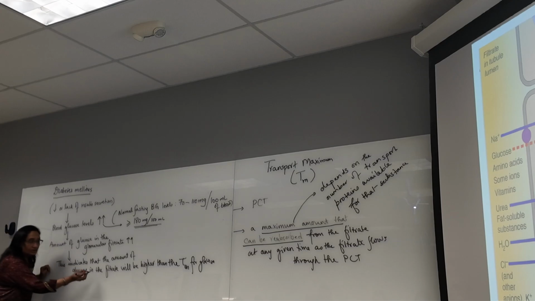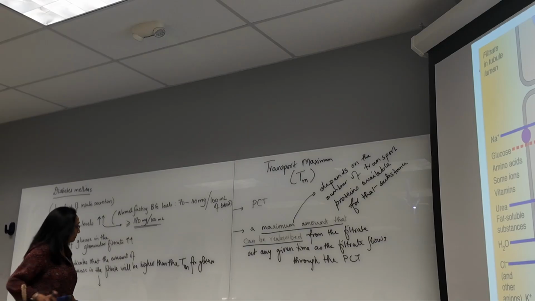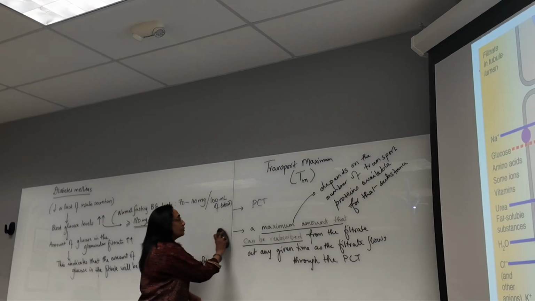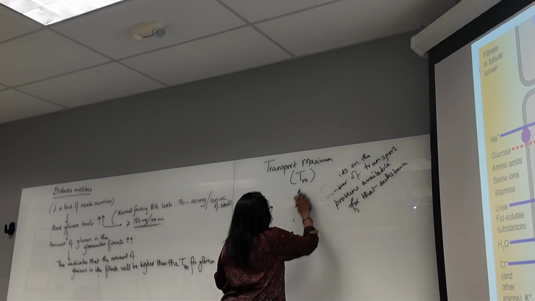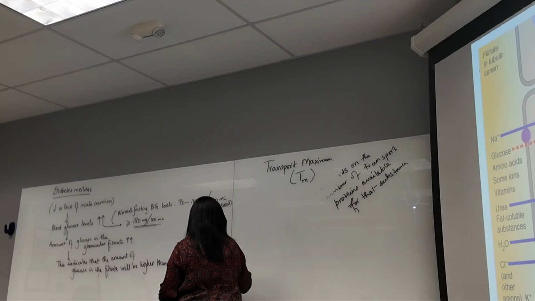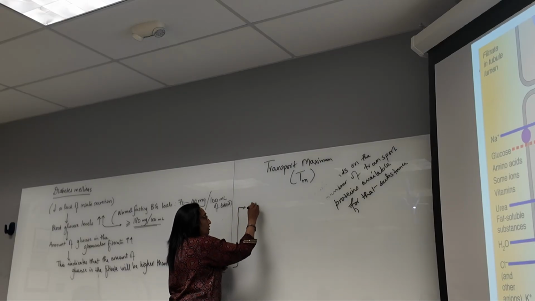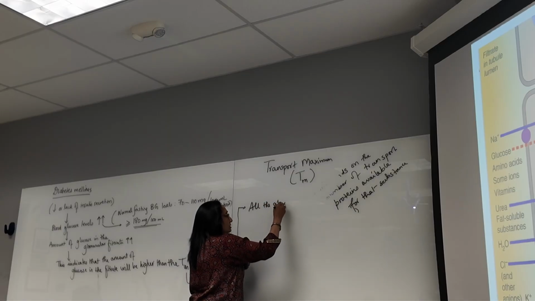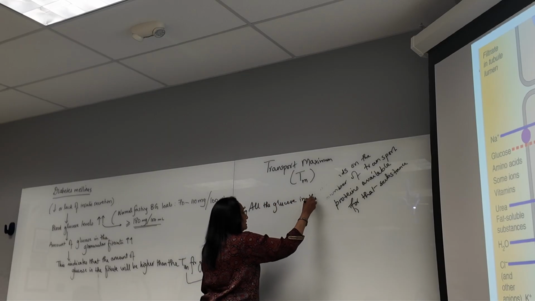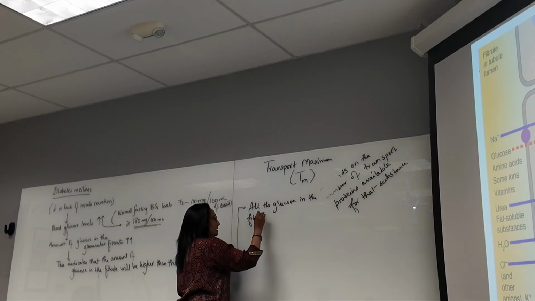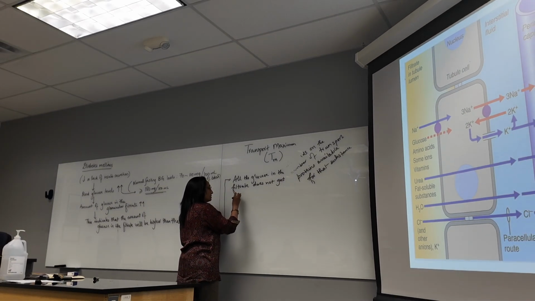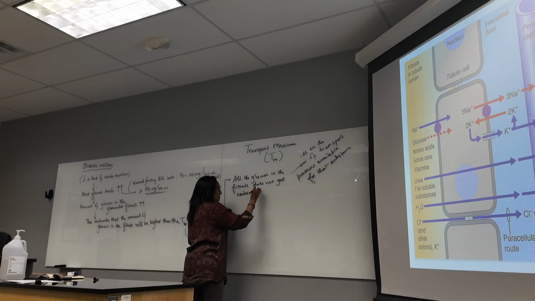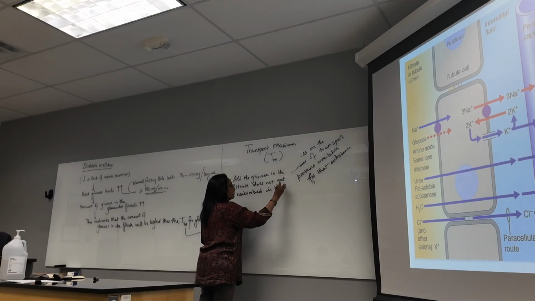Okay? So in this case, what is going to happen when the amount exceeds the transport maximum? The next step would be that all the glucose in the filtrate does not get reabsorbed in the proximal convoluted tubule.